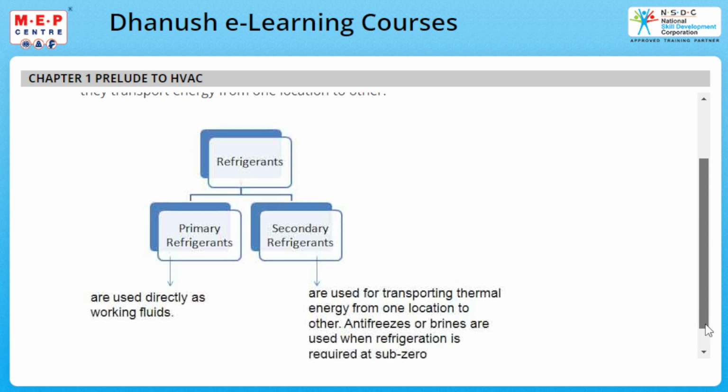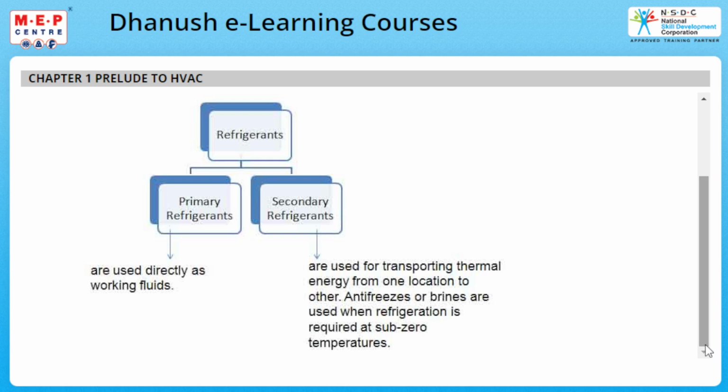Secondary refrigerants are those liquids, air, water, and brines, which are used for transporting thermal energy from one location to other. Antifreezes or brines are used when refrigeration is required at sub-zero temperatures. Unlike primary refrigerants, the secondary refrigerants do not undergo phase change as they transport energy from one location to other.